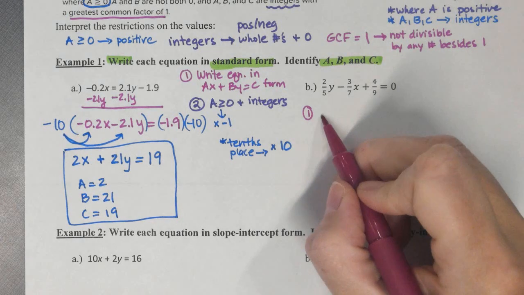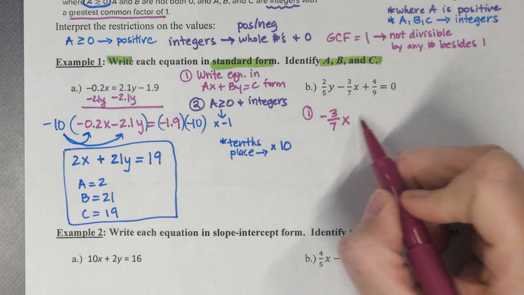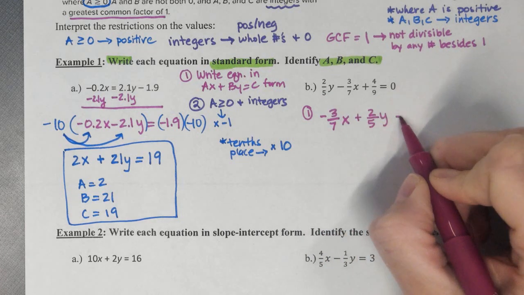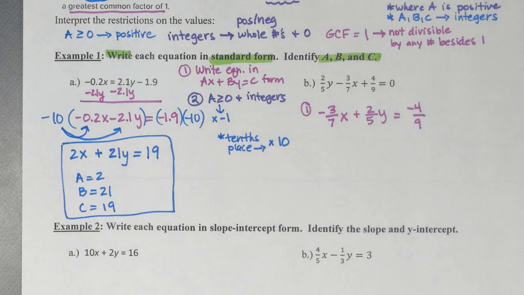Okay, so the x has to go first, so -3/7 x should be in front. This is a positive 2/5 y. And then if you move over the 4/9, did you remember to subtract it and put the negative there? Yes.